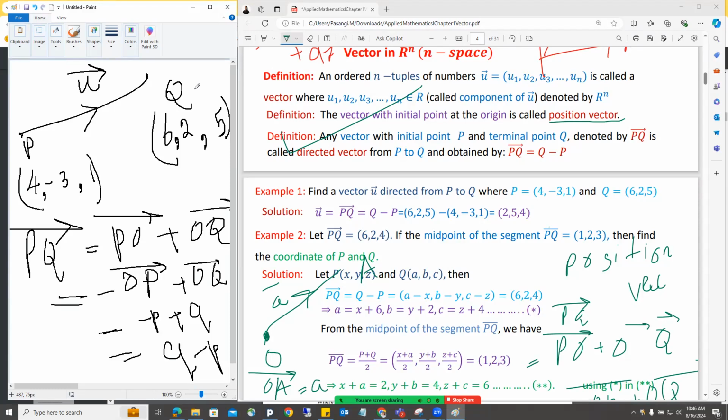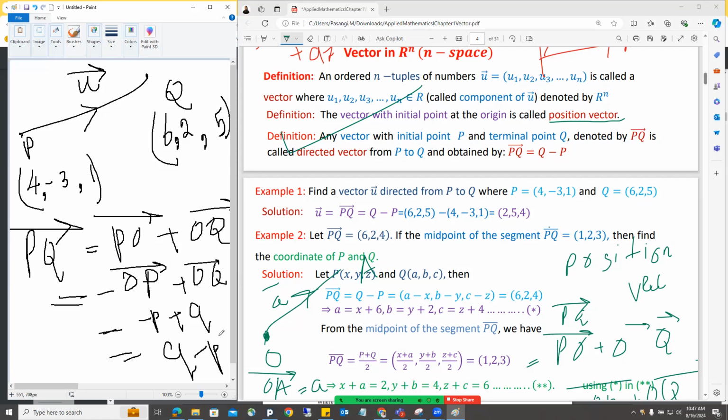Okay. Then what will happen? Now you know how to do that. So the solution will be, wait. If there are two same letters, you can remove the letter, like minus OP to P. PQ is equal to PO plus OQ. Then for PO means actually minus OP plus OQ.